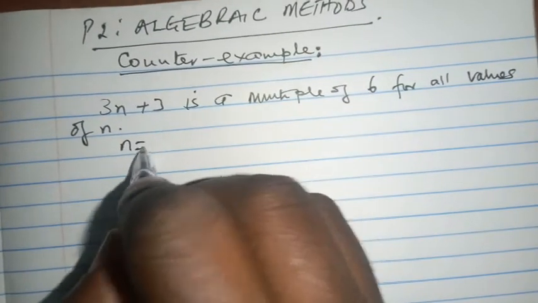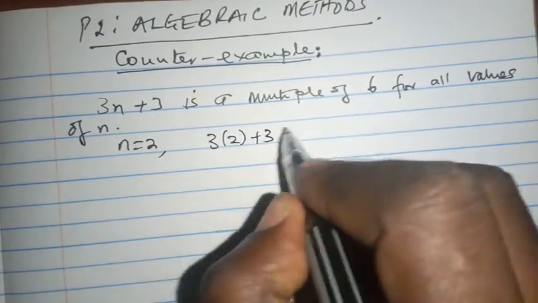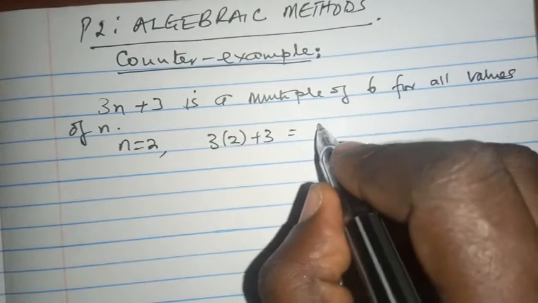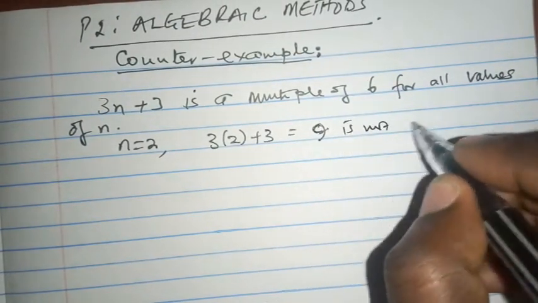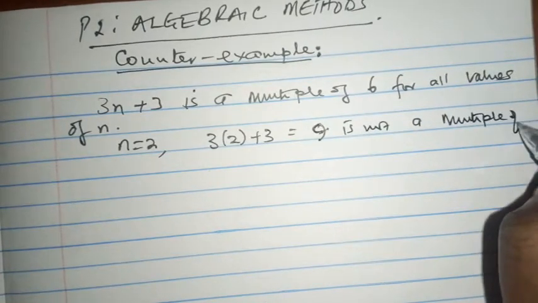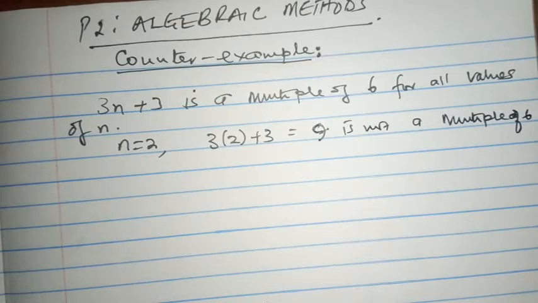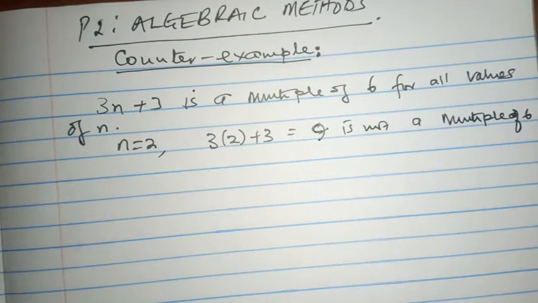What about when n is equal to 2? So 3 times 2 plus 3 is 6 plus 3, which is 9, and 9 is not a multiple of 6. So the original statement has been disproved.